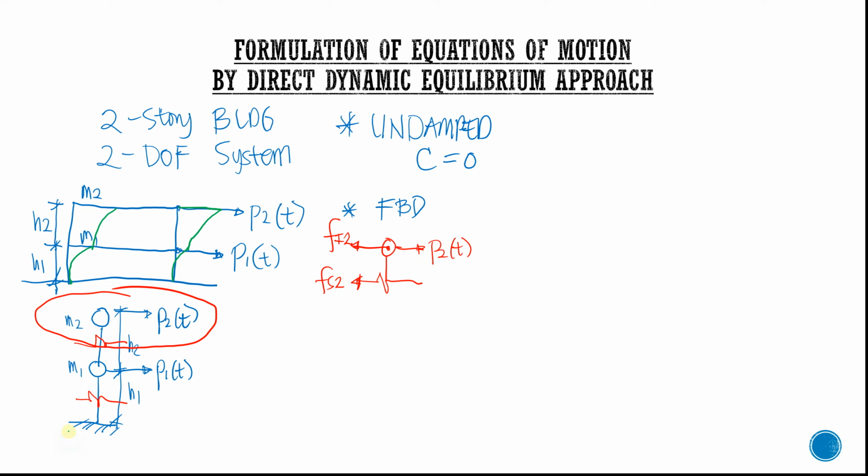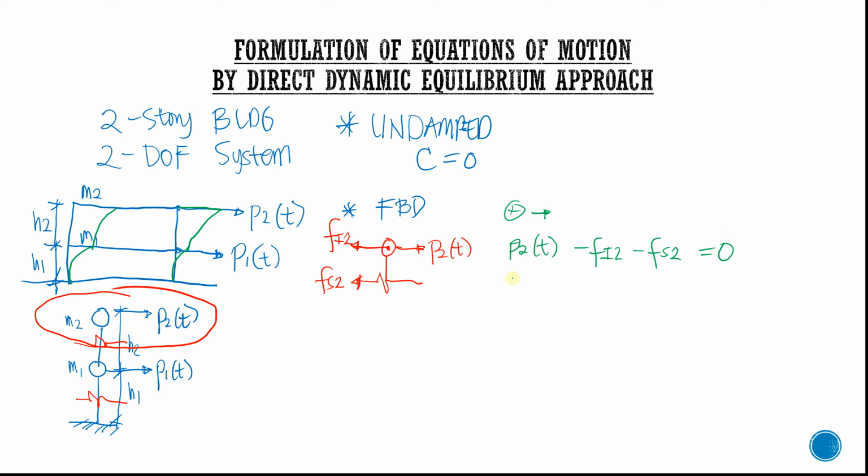Now, what will happen if we are going to sum the forces? If positive on the right, we have P2 of t minus the inertial force of the second floor minus the static force of the second floor, and is equal to 0 under dynamic equilibrium.